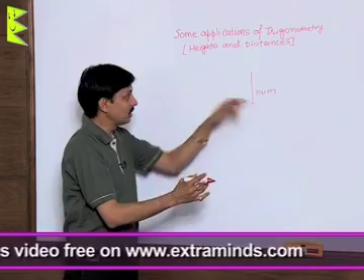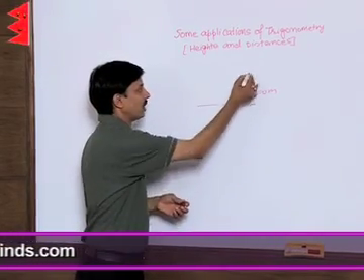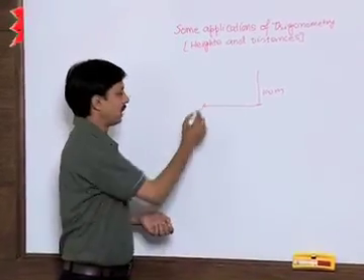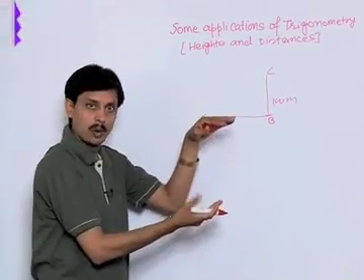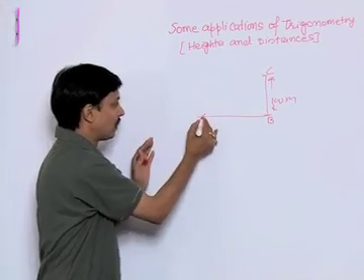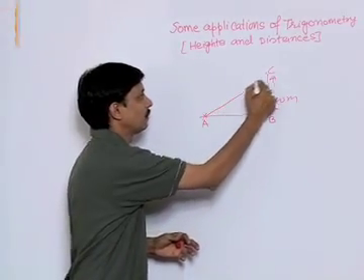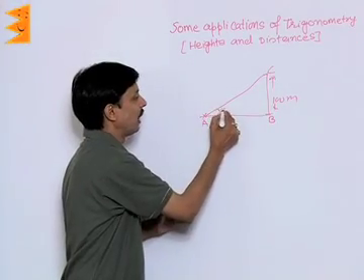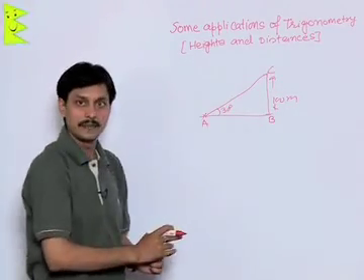Now we will observe from a point A. Suppose BC is the pole, its height is 100 meter. And from the ground there is a point A from where it is observed that the angle of elevation of the top of the pole is 30 degree.